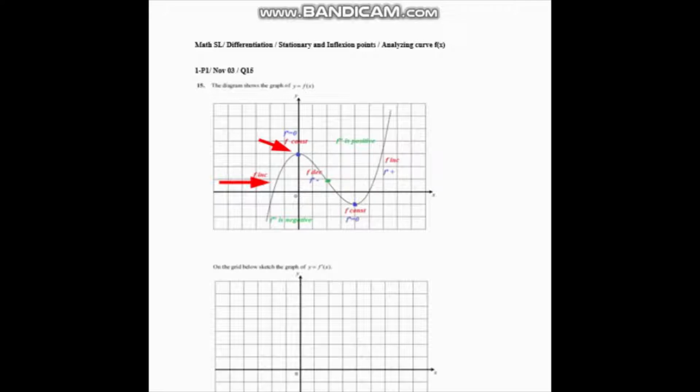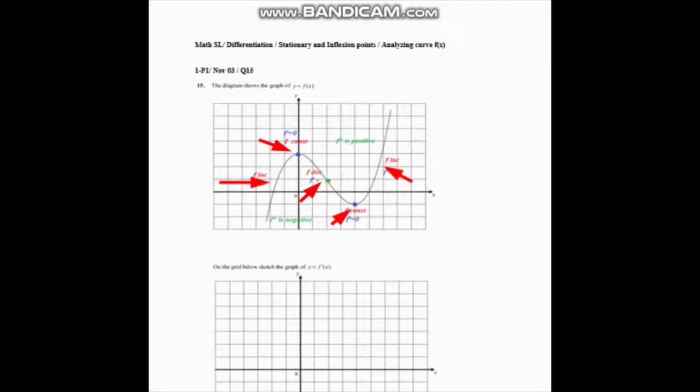The tangent to the curve is a horizontal line, and we say that the function is constant. And then at this part, the function decreases, y decreases as x increases. Similarly, here we have another turning point, so the function is constant. And finally, in this last section of the graph, the function is increasing. So this is the first part of the analysis, and this is visually easy to determine.